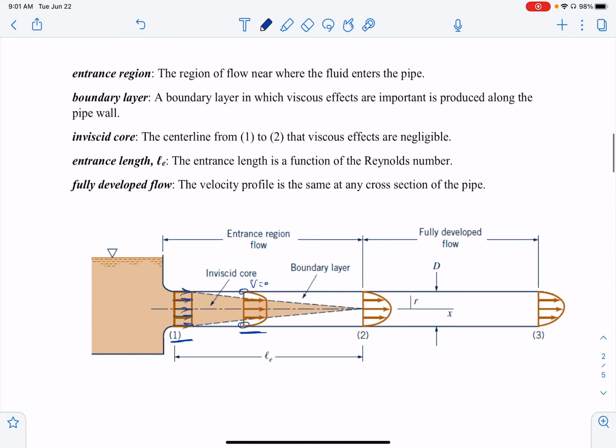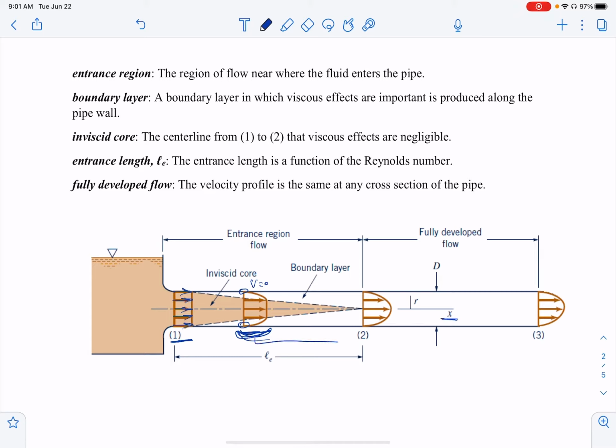And then also at the boundary layer, the initial velocity profile changes with distance along the pipe x. We can see that this is the x direction, right?